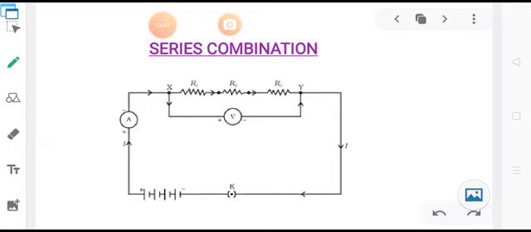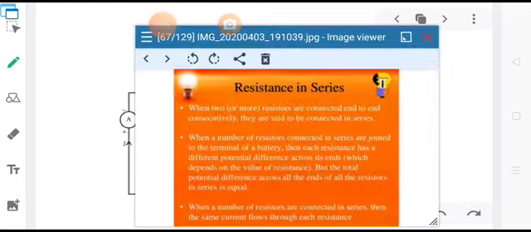There is an ammeter, a battery, a key and a voltmeter. Okay, so these circuit elements are also connected in this circuit. Now let's first of all define and understand what basically a series combination is. So when two or more resistors are connected end to end consecutively, they are said to be connected in series.